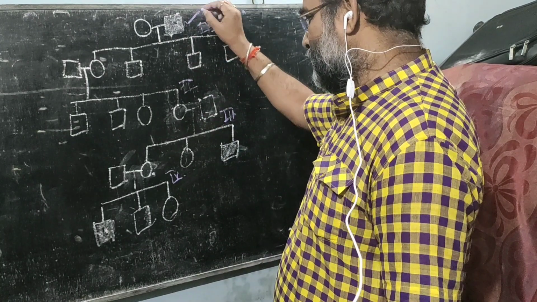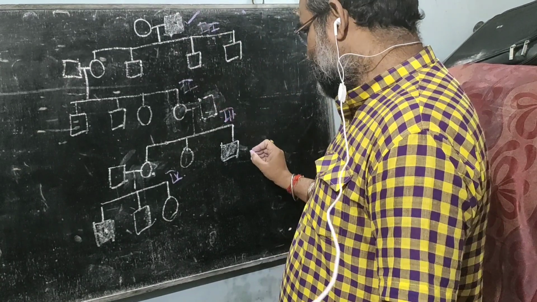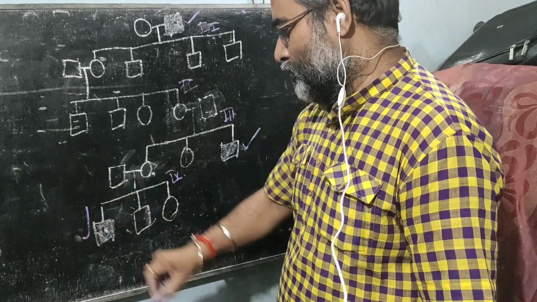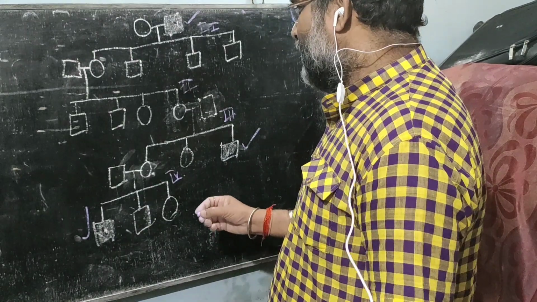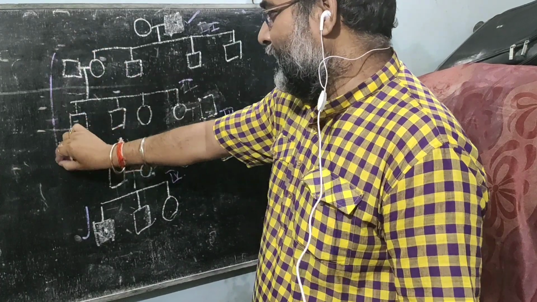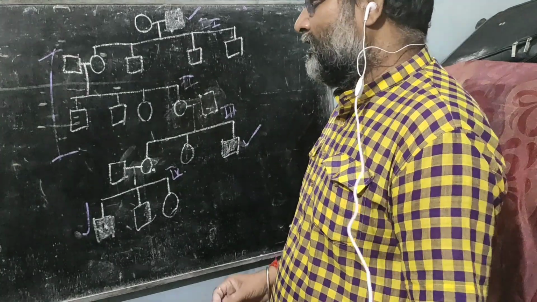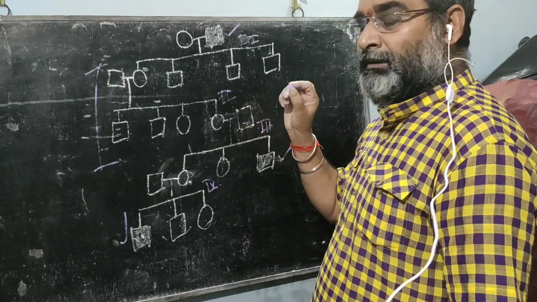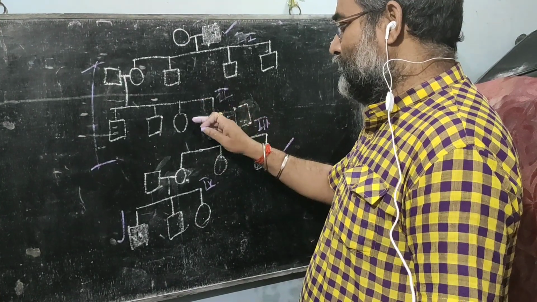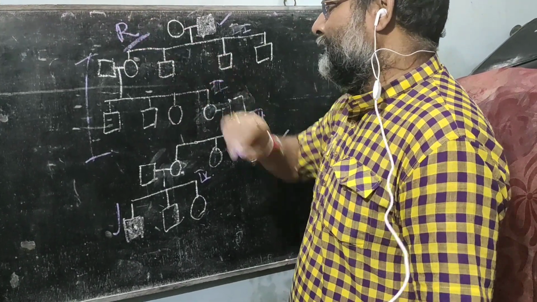The character appears, and after the first and second generations, the character appears again in the third generation and again in the fourth generation. That means the character under study escaped from the first and second generations. This escape of the trait, abnormality or disease in these two generations clearly indicates that it is of recessive type.